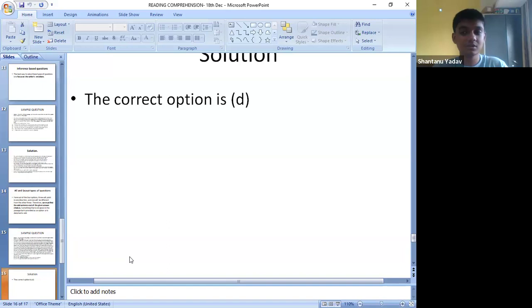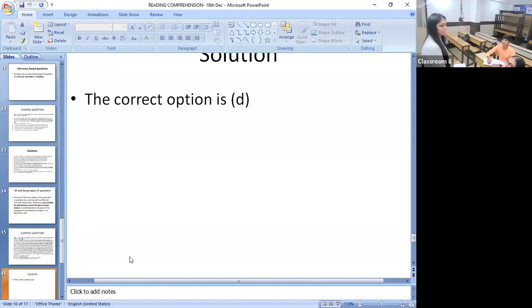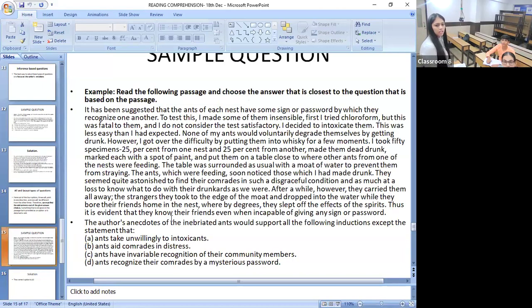Ma'am, D was there in the para. The very first line said: each nest has some sign or password by which they recognize one another, but not a mysterious password. Password was one, but it's not so mysterious, that's why I think option D is correct. Each nest: ants from my nest may not recognize ants from your nest. So it's serious.